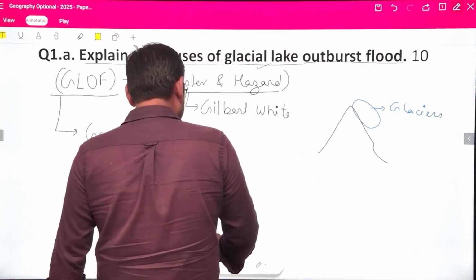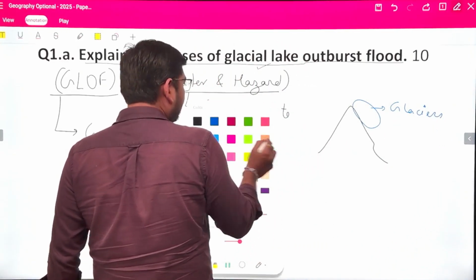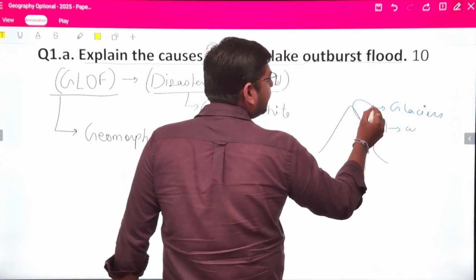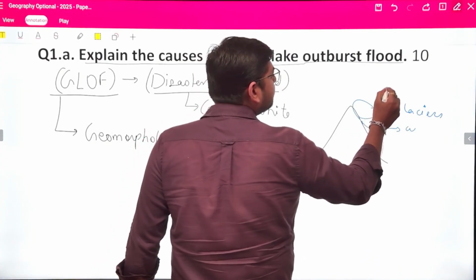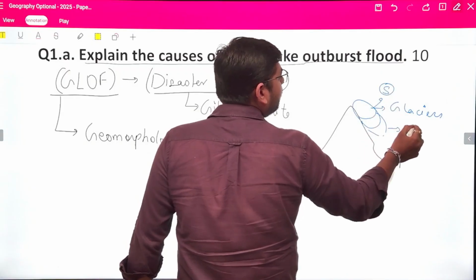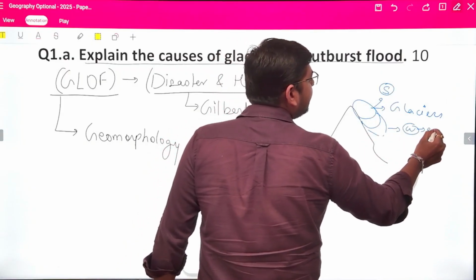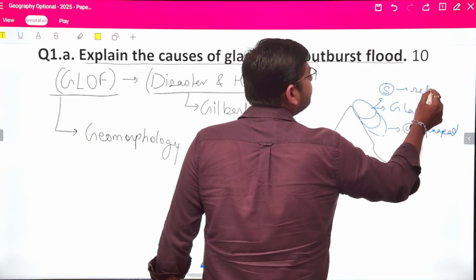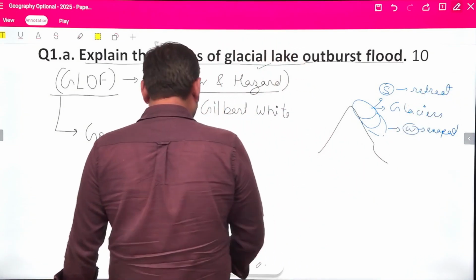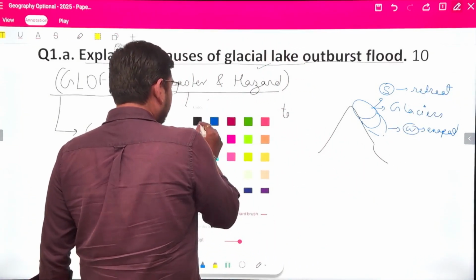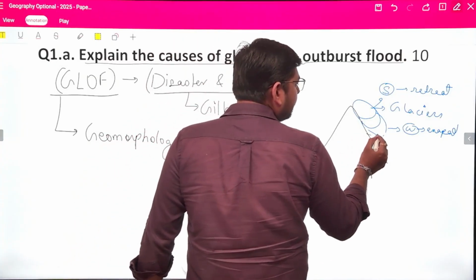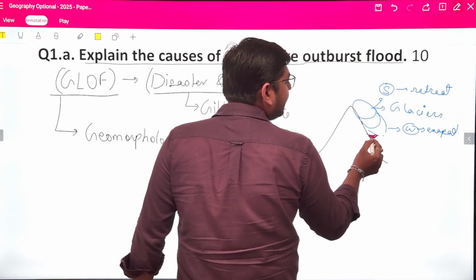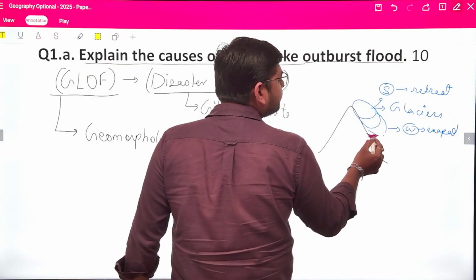These glaciers expand during the winter season, and during the summer season they retreat. Because of these processes, there is an accumulation of sediment at the end point of the glacier.